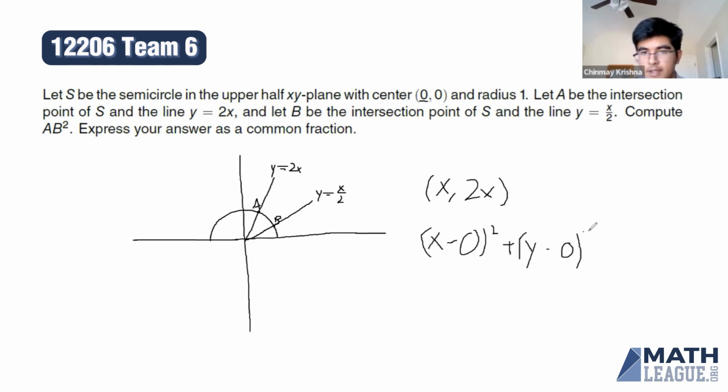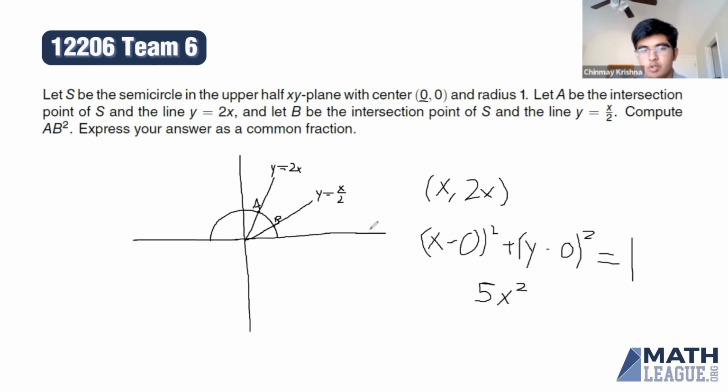This is just because of the Pythagorean theorem. y has to be at least 0 since it's in the upper half. So if we substitute in x for x and 2x for y, then we get 5x squared equals 1.